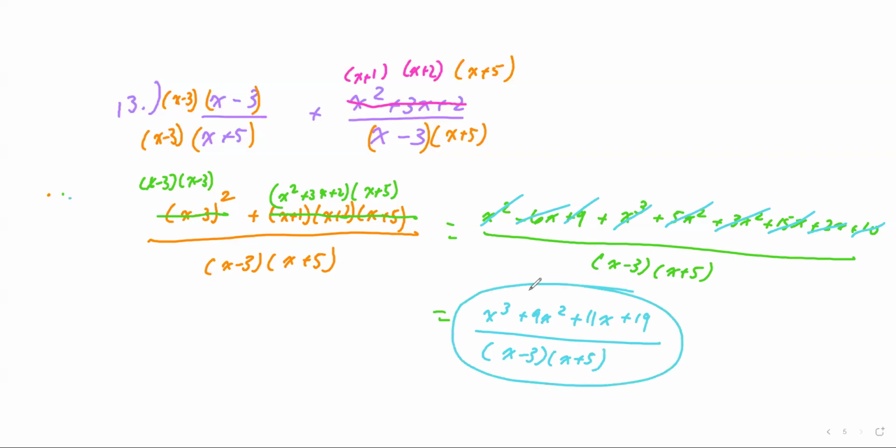So with addition and subtraction, it's probably the hardest just because you have to do some multiplication and simplification. All right, let's definitely do some more of those to make sure we got that down.